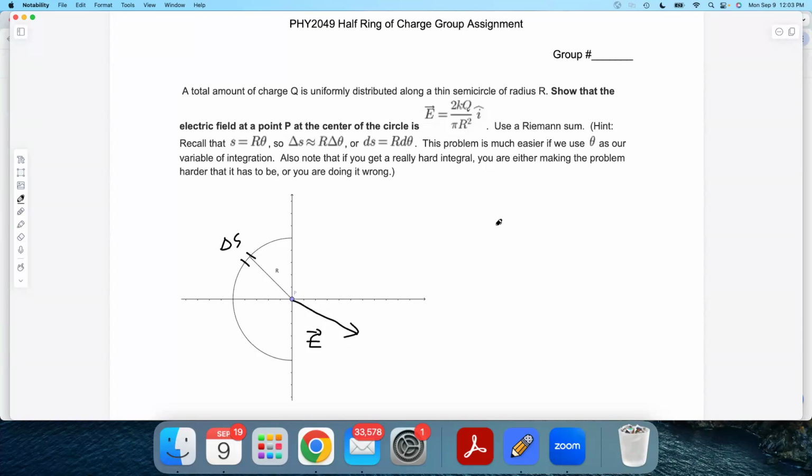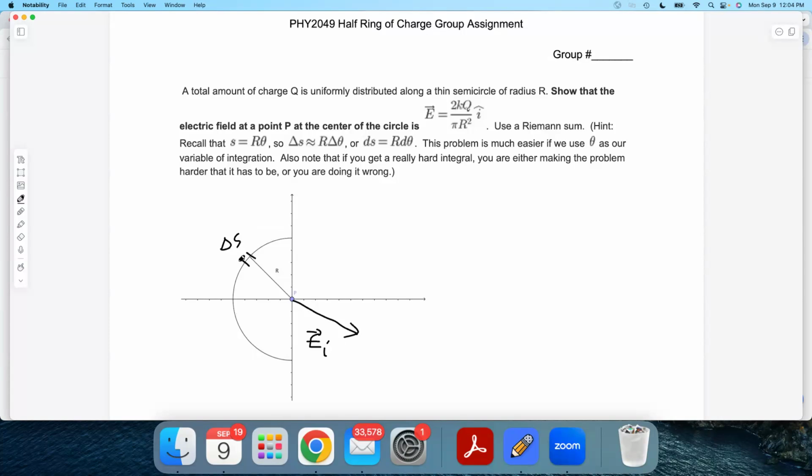Okay, so we know this little ith electric field. We've broken this up into n equal parts, we've done a partition here, and we've taken the ith one.